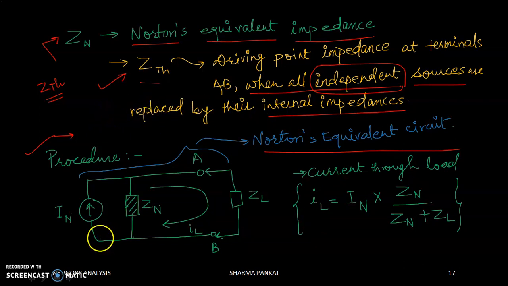Now draw the Norton's equivalent circuit. This is your Norton's equivalent circuit. What we are doing is connecting the removed ZL back into the equivalent circuit where we have found IN and Zn.